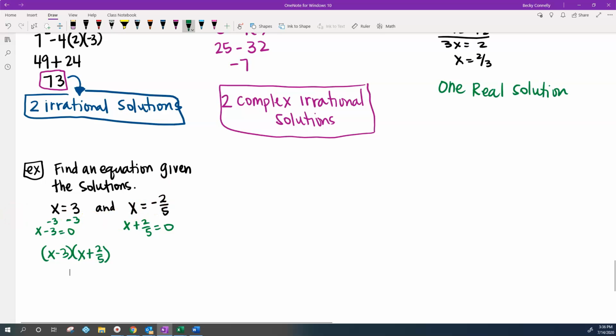Oh, I have people muted? Or am I muted? Let's see what happened here. I don't know why it is going so crazy. Let me look and see. Did not want to mute everybody.